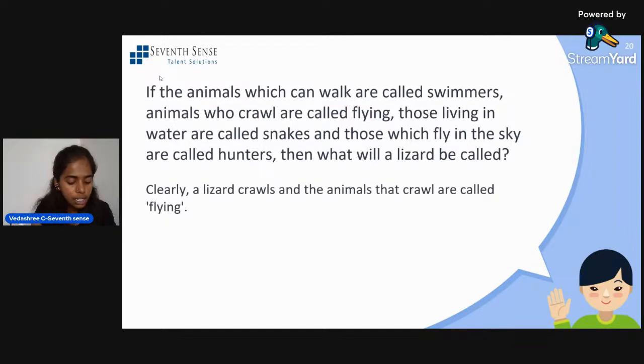So clearly a lizard crawls and the animals that crawl are called flying. No, not swimmers. Lizard will crawl on wall, right? It won't swim in water. So lizards will crawl on wall. Hence the answer is flying.